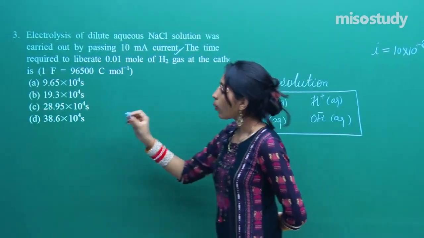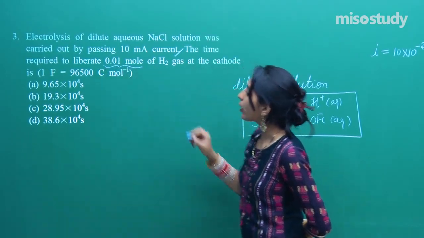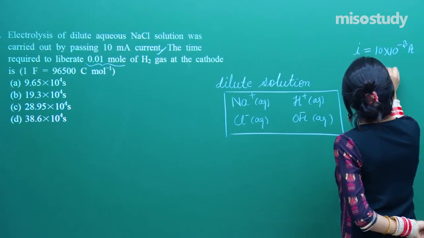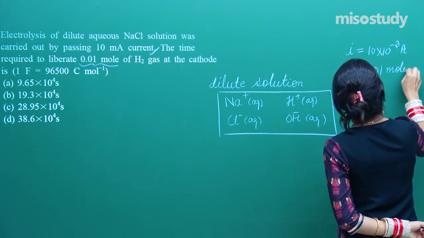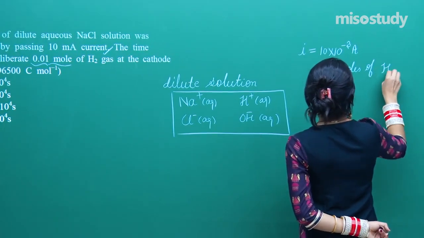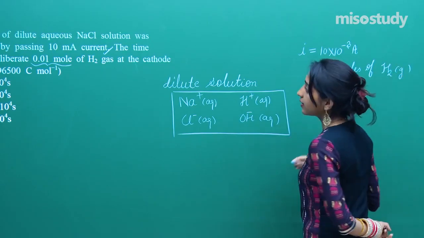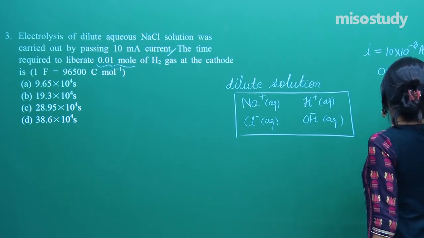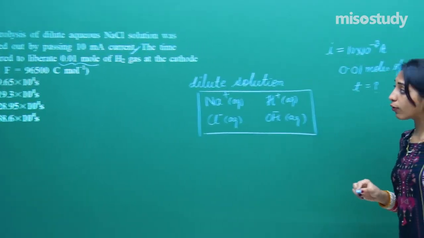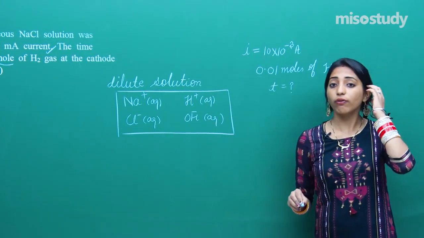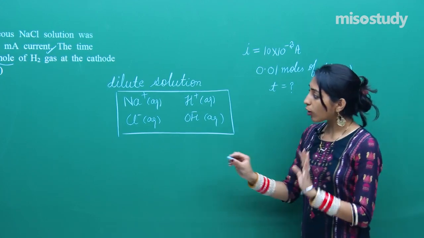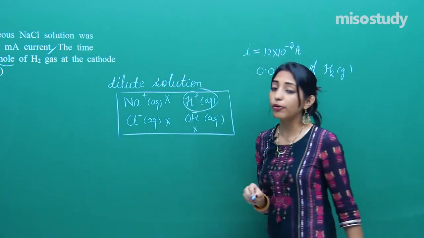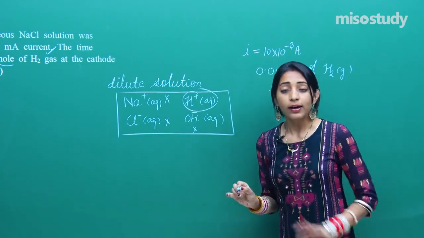The time required to liberate 0.01 moles of hydrogen gas at the cathode is. So you just need to tell me what is the time which will be required to evolve 0.01 mole of hydrogen gas. I am not concerned about Na, Cl or OH minus. I am only concerned about H plus.